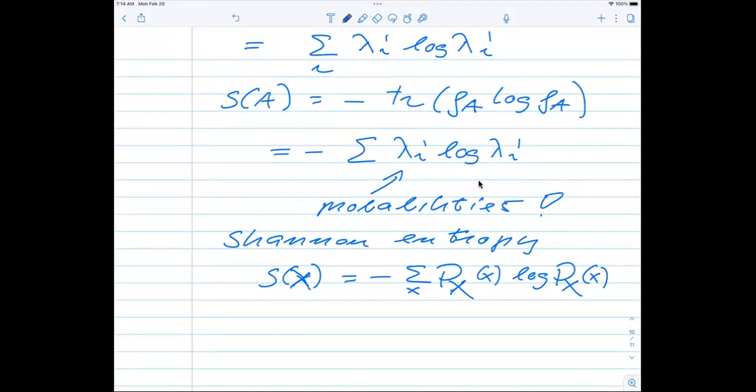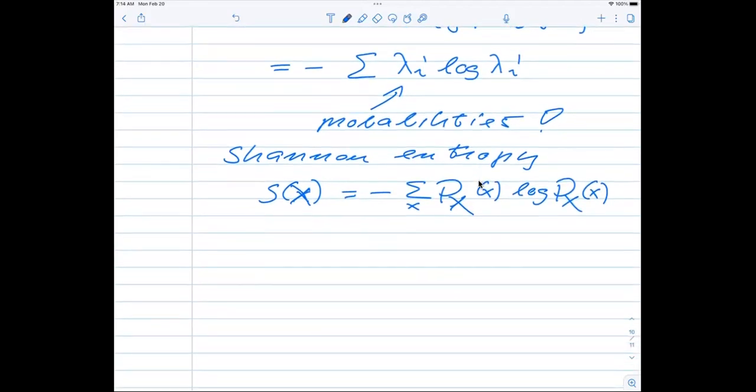And the mathematical properties of this quantity are basically the same as we had for the other one. So this S of A is larger than or equal to 0, which we can see immediately. And the entropy vanishes if and only if the density operator is a pure state. So we can put this one.